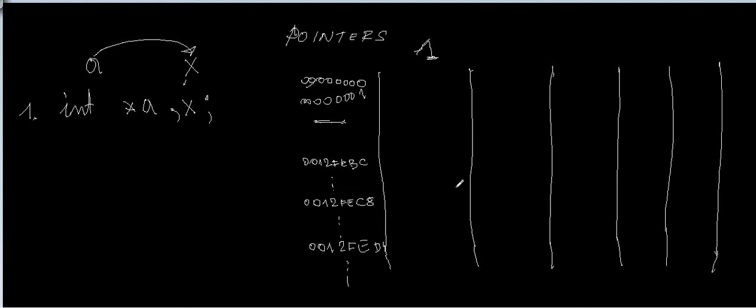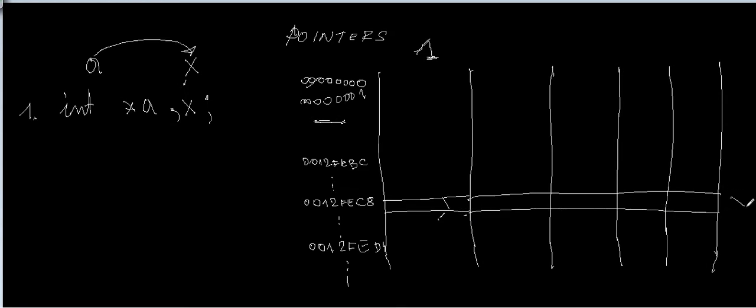Suppose that the machine reserved this address for the variable x. So also in other lines of the code, this address will be reserved for the same variable. In this address we will have written variable x, and let's suppose that the machine reserved this address for pointer a.